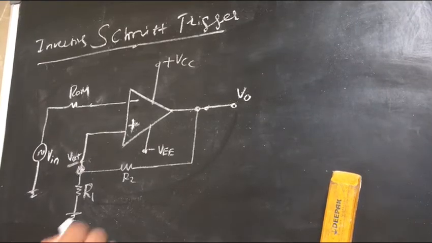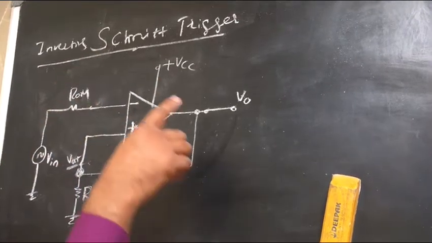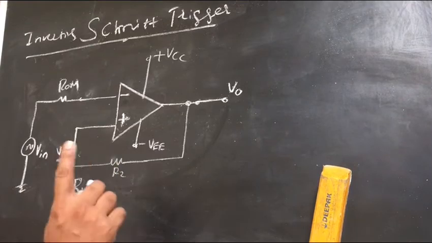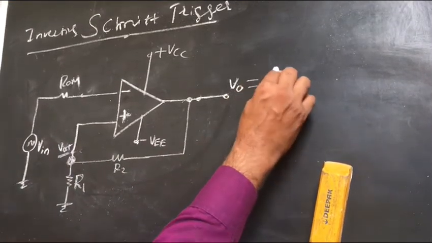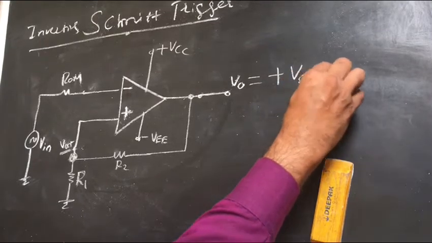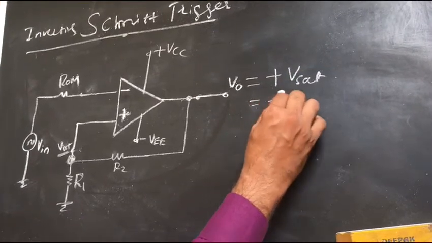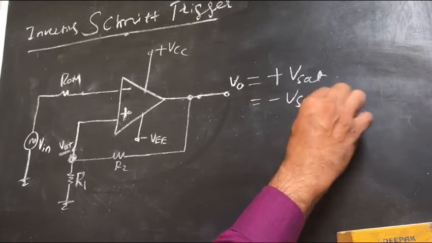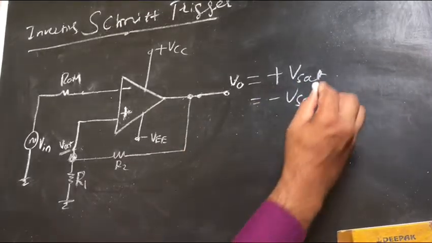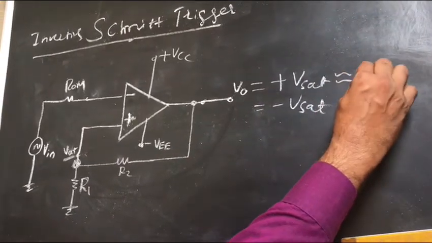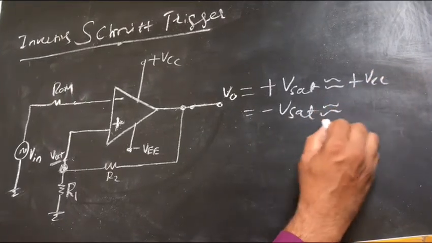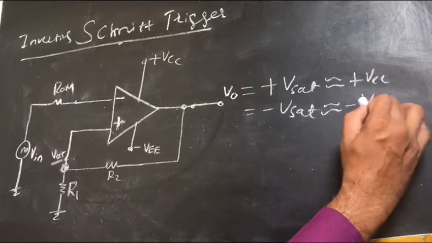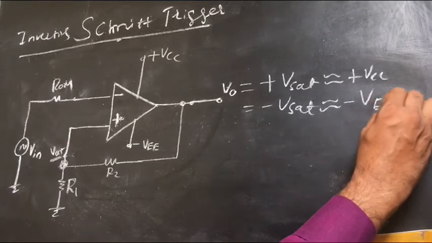At any point of time, the output of any comparator, including a Schmitt trigger, is of two types. It is plus Vsat and minus Vsat. Plus Vsat is approximately equal to plus VCC of the power supply, and minus Vsat is approximately equal to minus VEE of the op-amp.